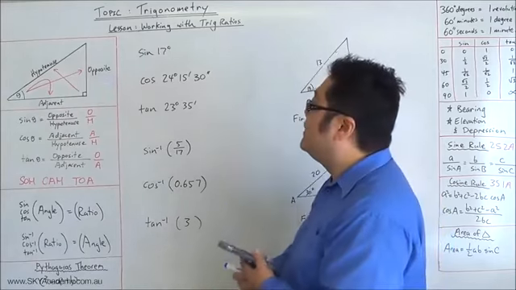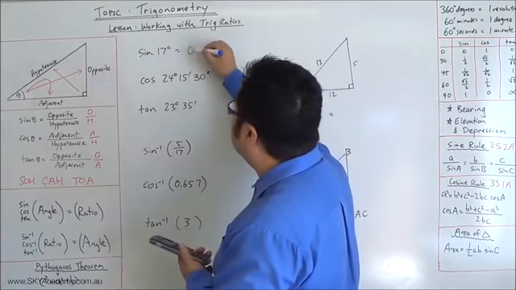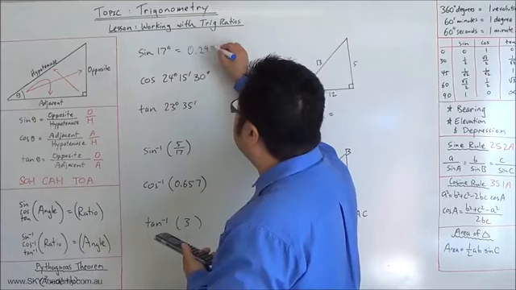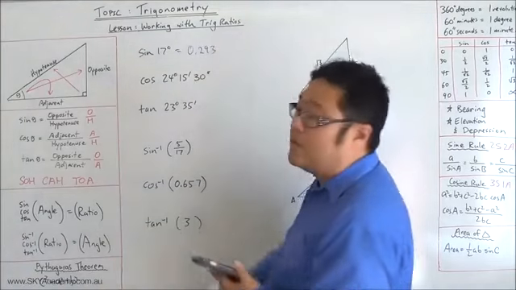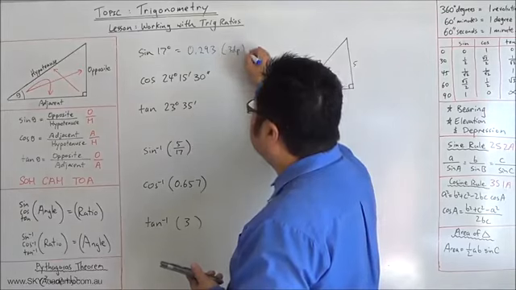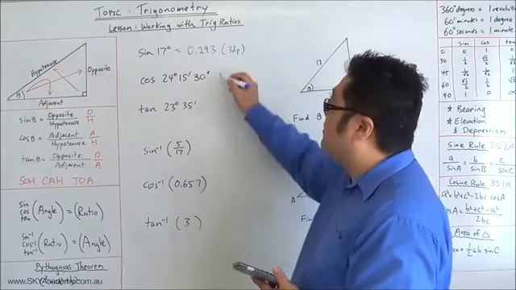So you write that decimal up here. Now it's a massive long decimal, but I'm just going to write the first 3 digits, rounded to 3 digits. So it's 0.293, and I'm going to write 3dp, okay? Because it's rounded to 3 decimal places.